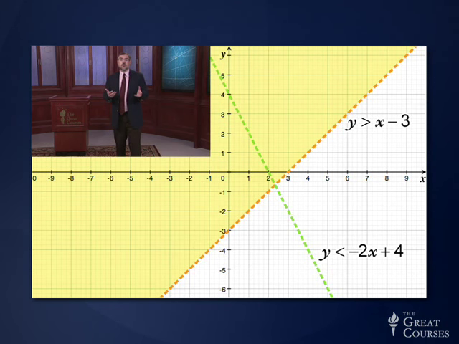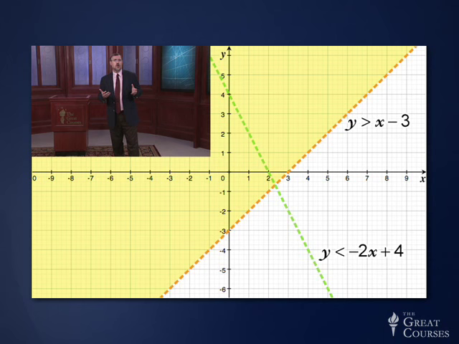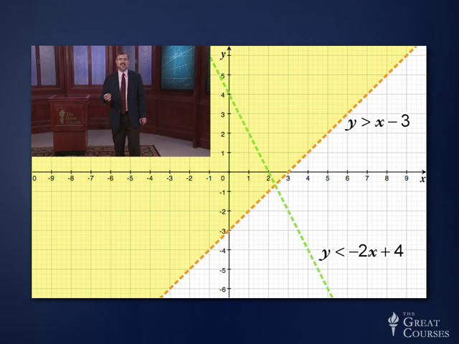Well, you have the points which are below and to the left of the line, and you have the points which are above and to the right of the line. Which ones do you choose? Well, you pick the ones which are below and to the left of the line. And that's because y is less than negative 2x plus 4.